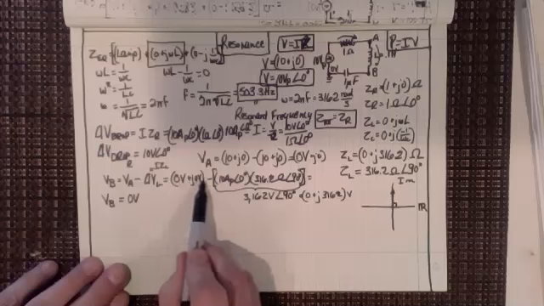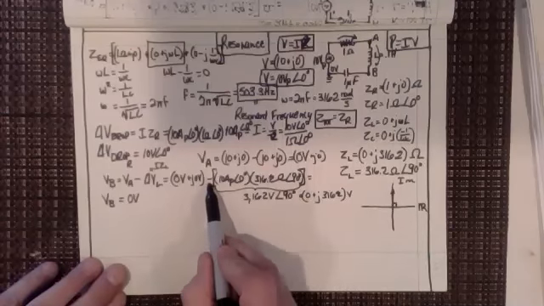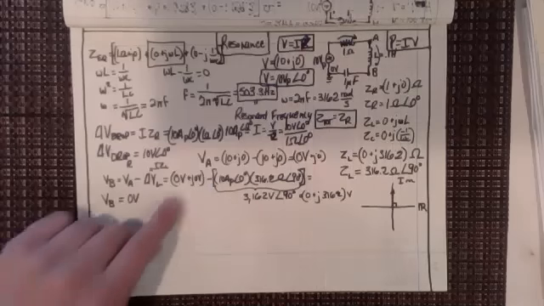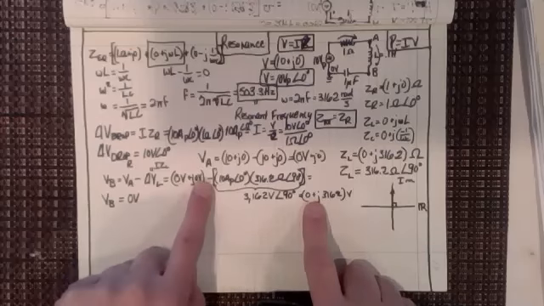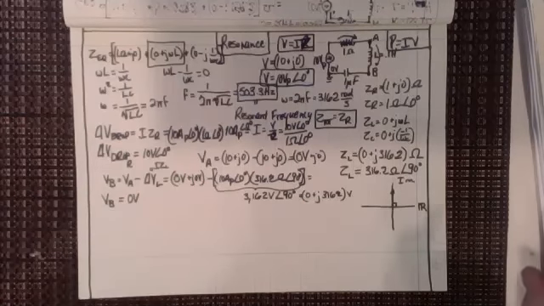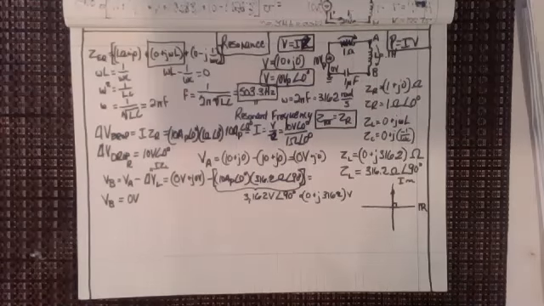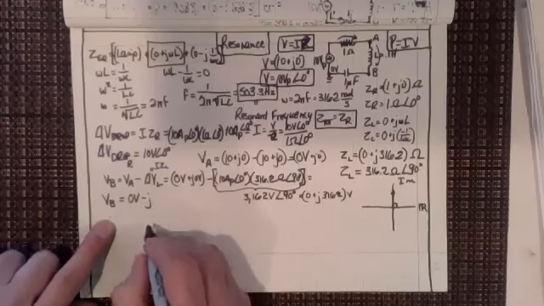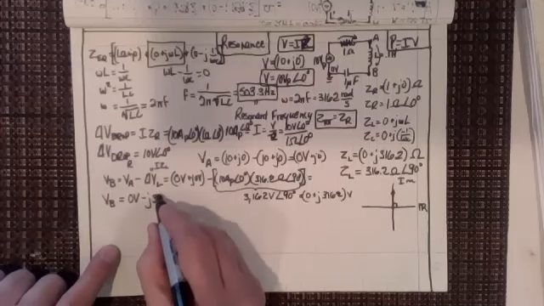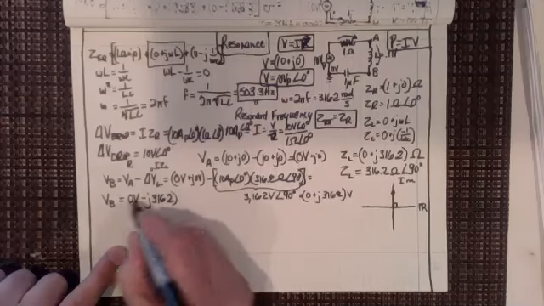And plus j0 volts, and then minus, now remember there's a minus there, right? So it's minus this whole thing. So even though this is a plus here, there's a minus there. I know I'm saying this over and over because I forgot it on the last lecture, didn't I? Anyway, there's a minus there. So we've got minus j3162 volts.